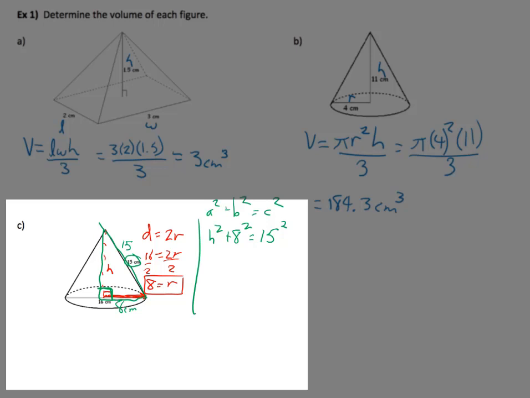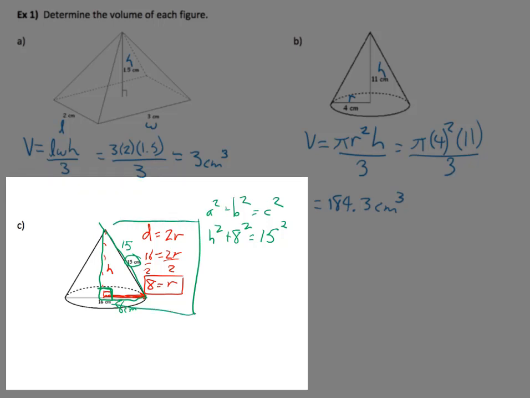Now that I've subbed things in, I can actually start doing some calculations. Actually, before I really dive into that, I want to illustrate this as a triangle here. 15, 8, and then h. And this is why I'm using this, because it is a triangle, and I need to figure out the unknown side. So I use Pythagorean theorem to do that.